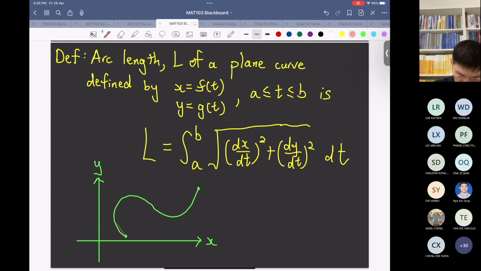So we can approximate the curve with a few straight lines.